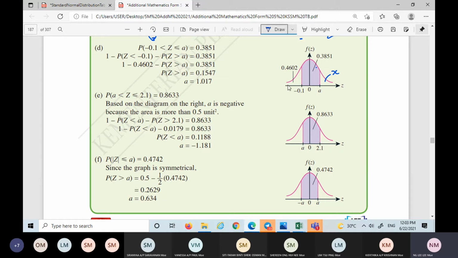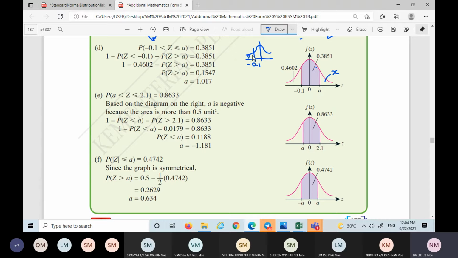This one we can use the table to get. This is the normal reading: from outside, you read inside, because from the Z value I want to get the area. I hope you don't get confused, because it's getting more and more difficult. Because it's negative, I just extract out this part, negative 0.1. I just want to show how they get 0.4602. This is revision again.